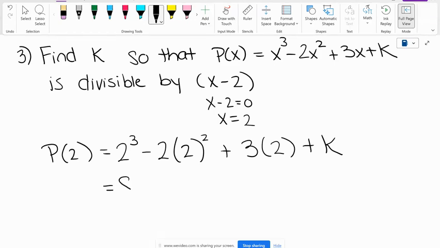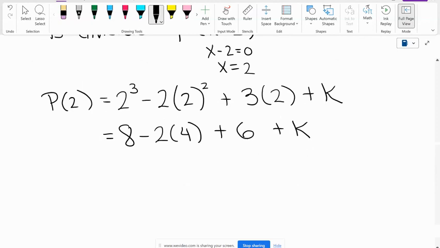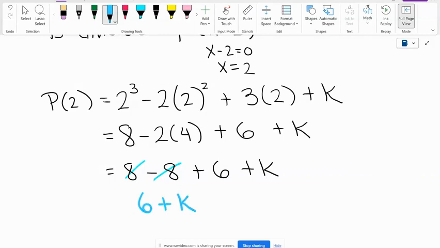I'm going to get 8 minus 2 times 4 plus 6 plus k. Keep going. We get 8 minus 8 plus 6 plus k. The 8 minus 8s cancel. So now I'm left with 6 plus k.